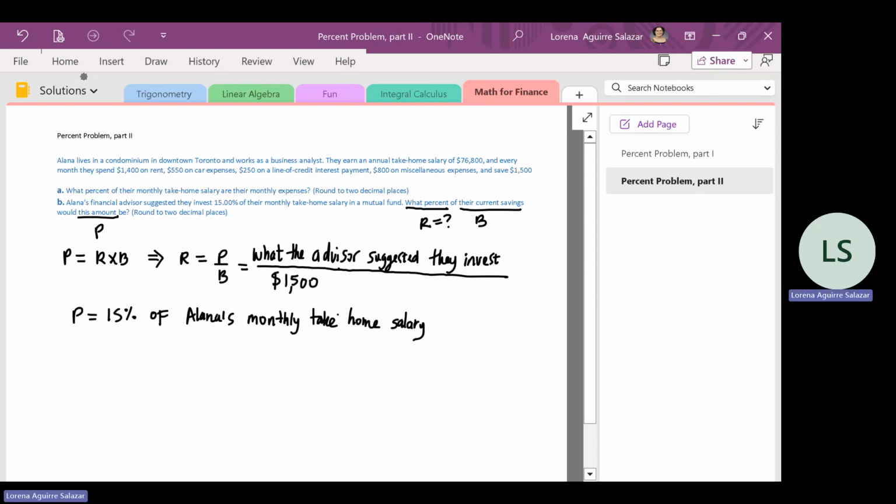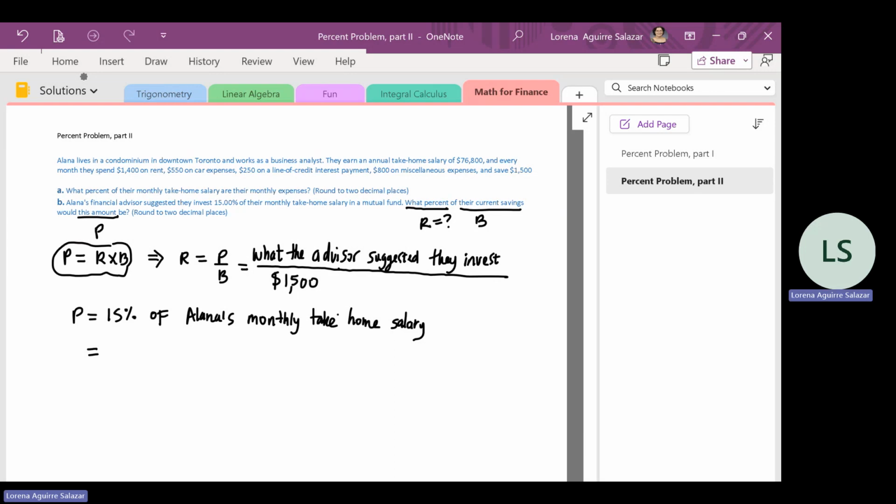And to find 15% of Alana's monthly take-home salary, we use this same equation that we have right here, P equals R times B, but with different variables. R would be 15%, and the base would be the monthly take-home salary.